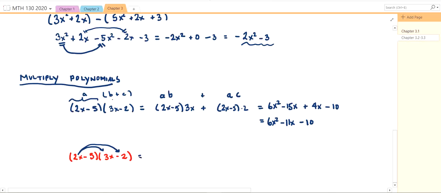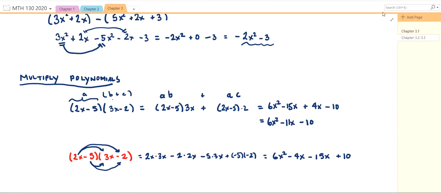I could take the 2x and multiply it by 3x, 2x times 3x, and then the 2x multiplied by minus 2, so minus 2 times 2x. Then I could take this term, minus 5 times 3x, and then I could take this minus 5 times minus 2.